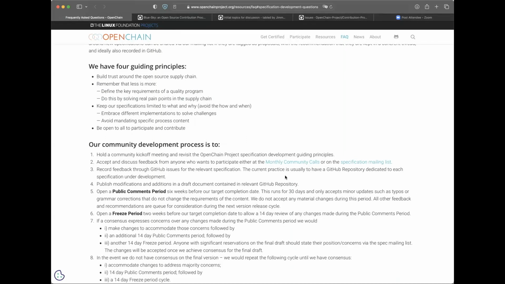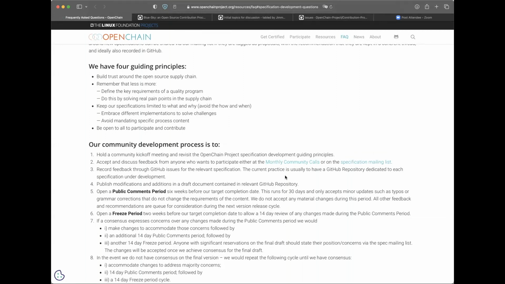So we're designing standards that support programs delivering quality around something in trust in the supply chain. We focus on solving real pain points in the supply chain. In other words, we focus only on solving real problems.